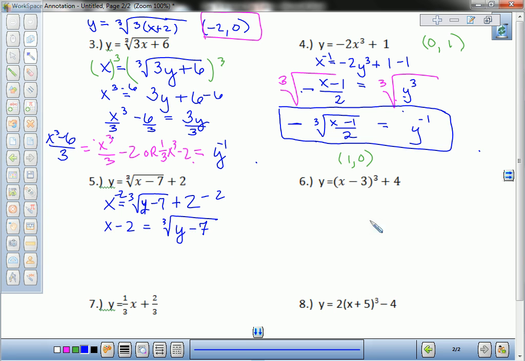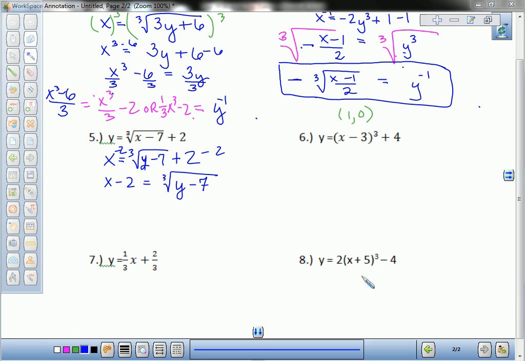Okay, now this one's a little different. When we cube it, we're really cubing everything on this side, and we're cubing everything on this side. Now, we don't actually want to cube this side because that would be a pain. Do you guys remember Pascal's triangle where we did 1, 1, 1, 1, 2, 1, 1, 3, 3, 1?